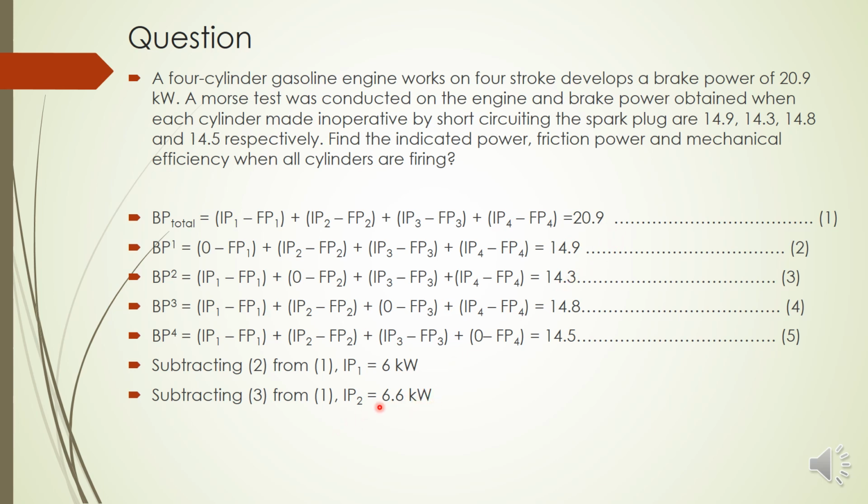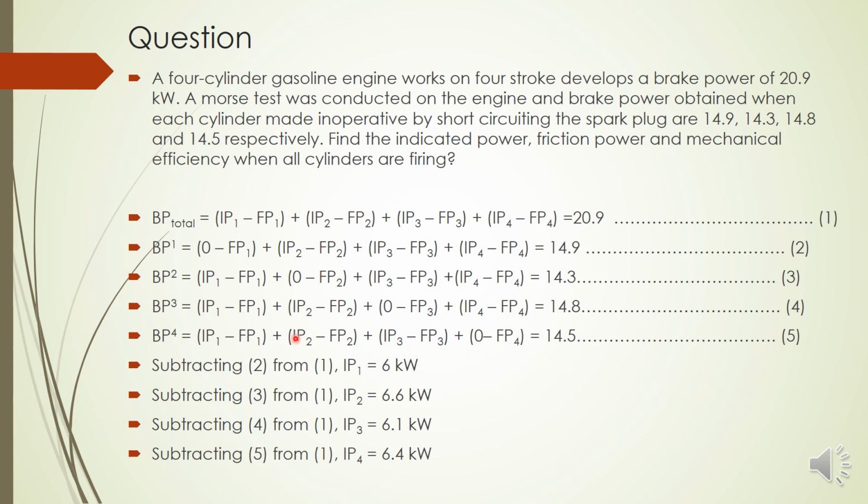That is 6.6. Now subtract 4 from 1 and we will get IP3, the indicated power of the third cylinder. That is 20.9 minus 14.8, which is 6.1. Finally, subtract 5 from 1 and we will get IP4. That is 20.9 minus 14.5, which is 6.4.